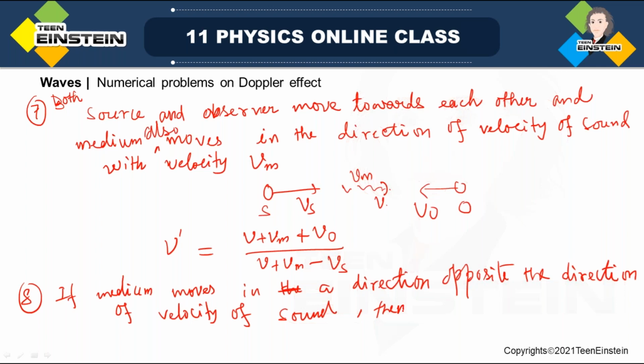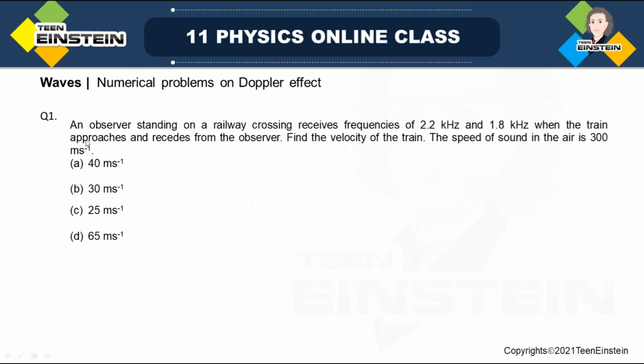Now you might be bored with this. Anyway, we are going to use this formula and then we'll understand how to apply it and which one to apply. Now let us read the problems one by one and try to solve them. The first problem says that an observer standing on a railway crossing receives frequency 2.2 kilohertz and 1.8 kilohertz when the train approaches and recedes.